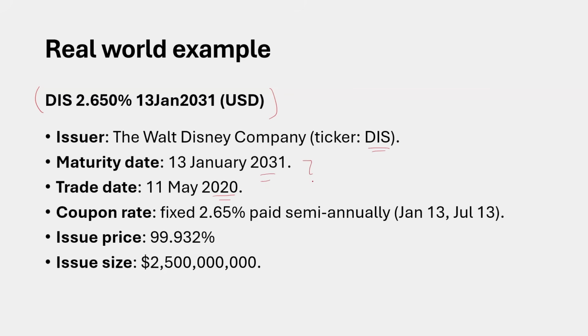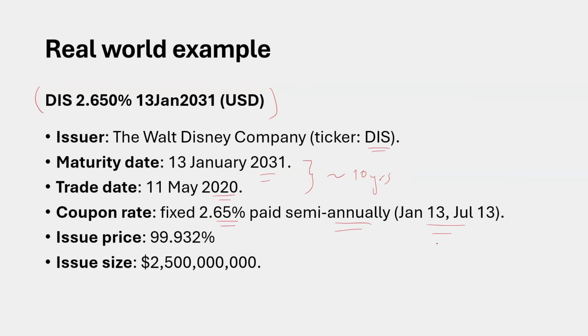So as you can see, the maturity is about 10 years, not exactly, but roughly speaking. So this is a relatively long-term bond. It's paying a fixed coupon payment of 2.65%, and it is paid semi-annually. So this means that there are two coupon payments each year.